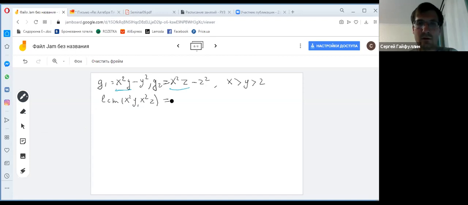This is just x squared yz. And we compute the S polynomial of g1 and g2 by the following. This is x squared yz divided by the leading term of g1, x squared y, multiplied by g1, minus x squared yz divided by the leading term of g2, x squared z, multiplied by g2.